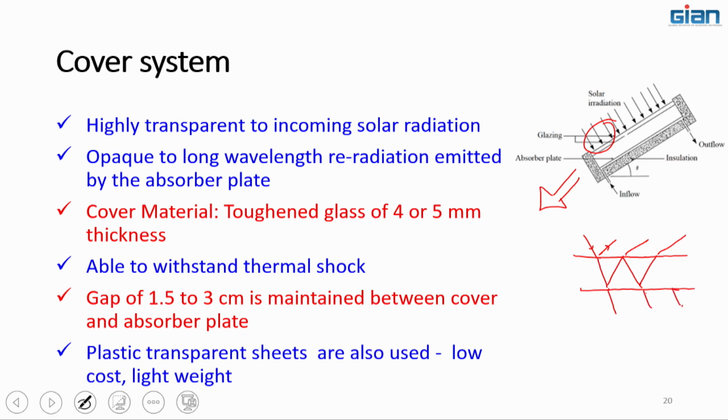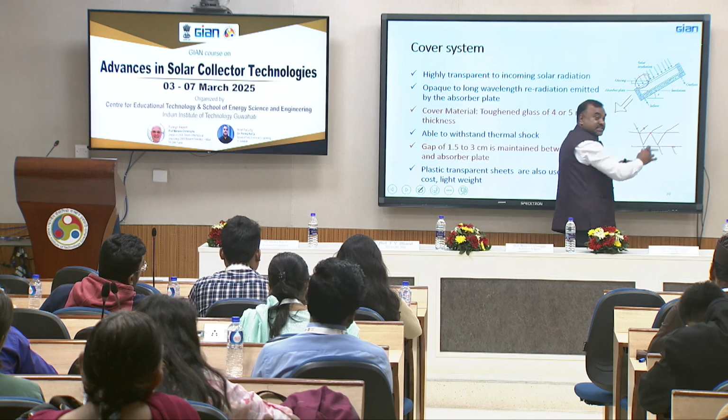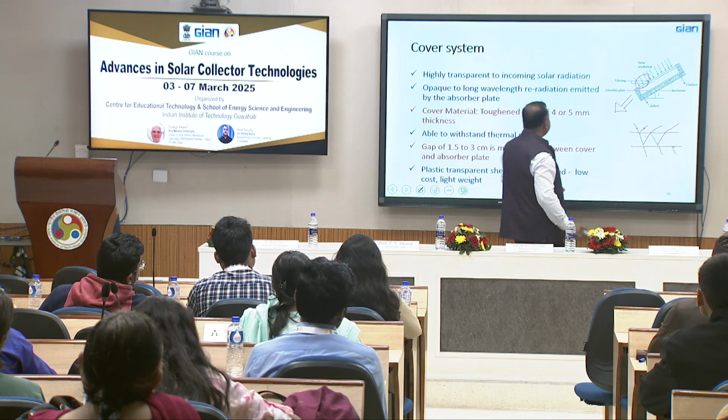So finally you will get some kind of radiation here. So this cover system is like a single cover, but it has some thickness, and that is what happens inside, as you are presenting, right.